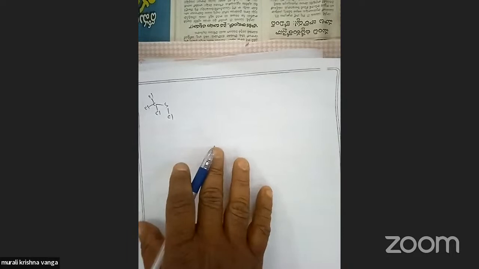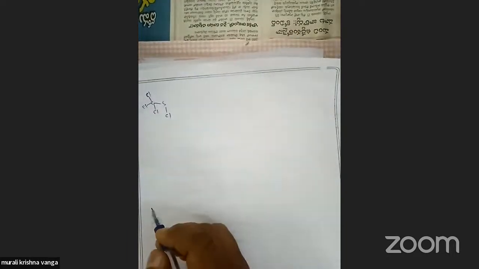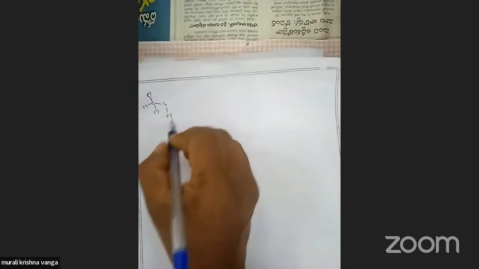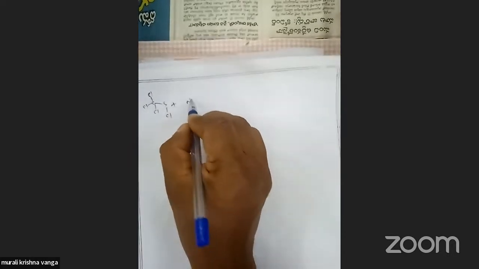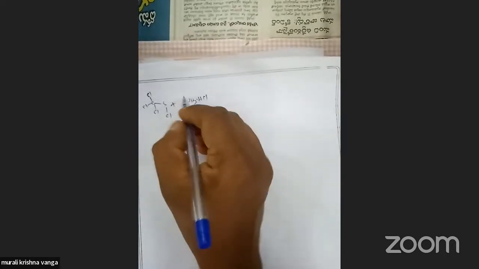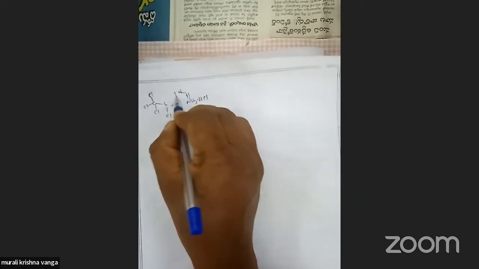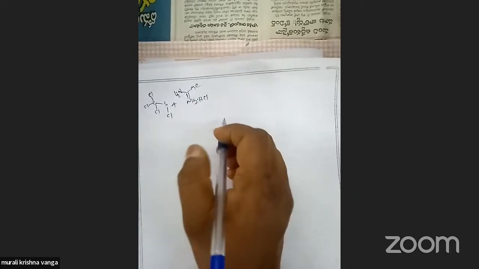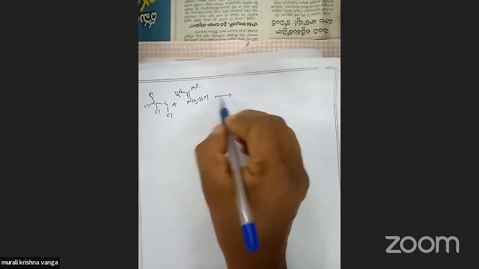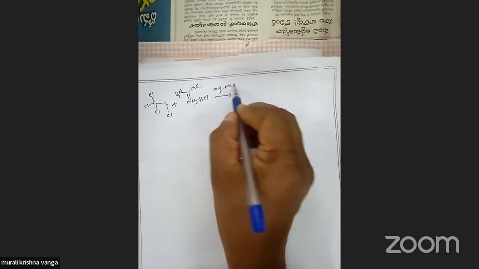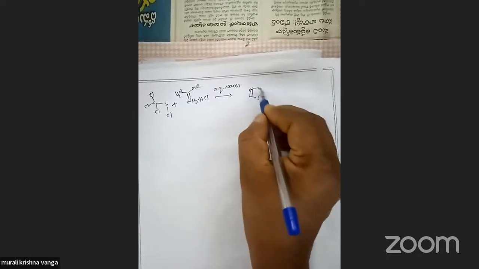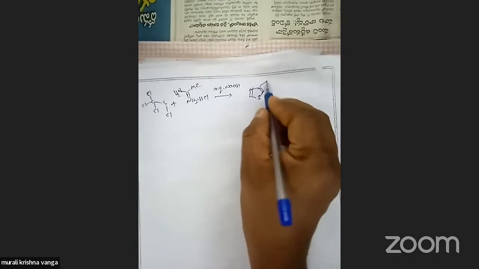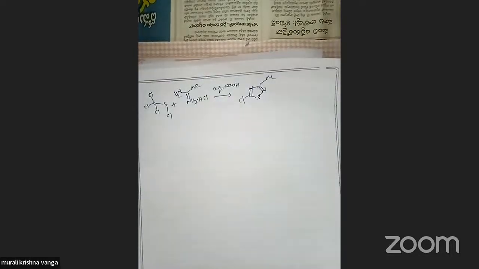This perchloromethyl mercaptan reacts with amidines, hydrogen chloride, in aqueous sodium hydroxide. The product is 1, 2, 4 thiadiazole. Okay.